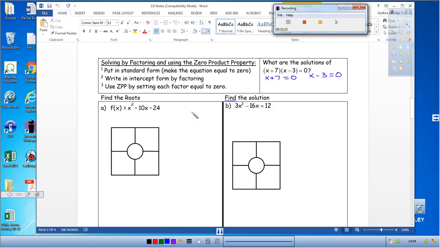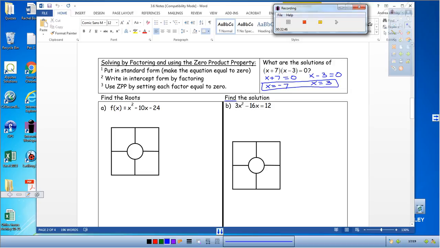One or both of them need to be 0. So what value for x would make this 0? Very good, x equaling -7. And what value for x would make this 0? x equals 3. So those are the solutions, or the x-intercepts, or the roots, or the zeros for that quadratic function. Any questions over that?